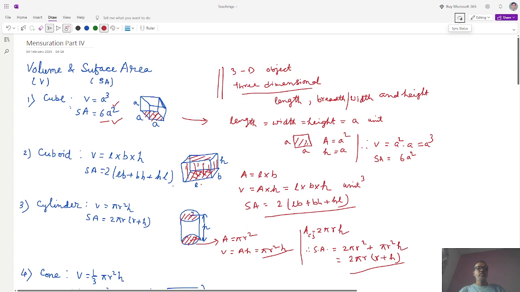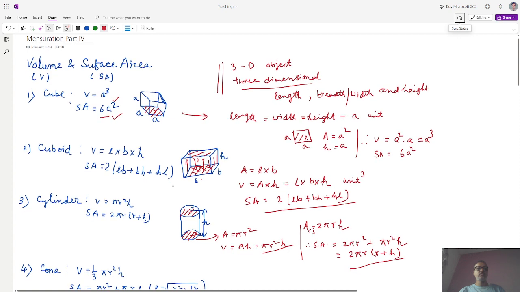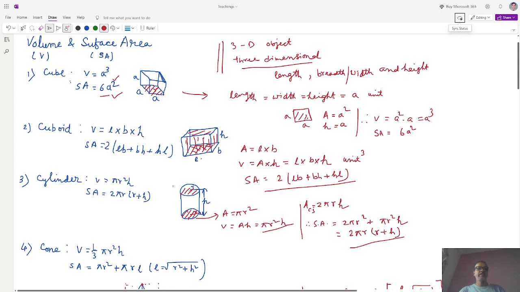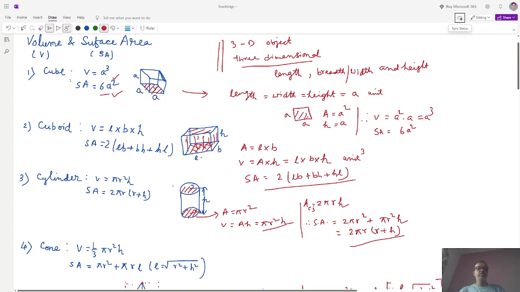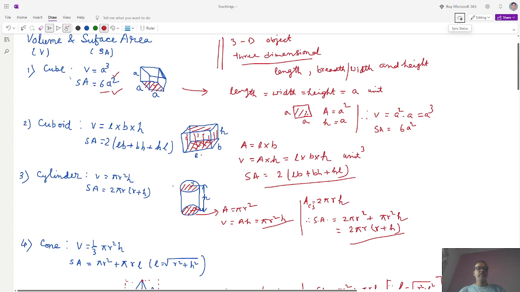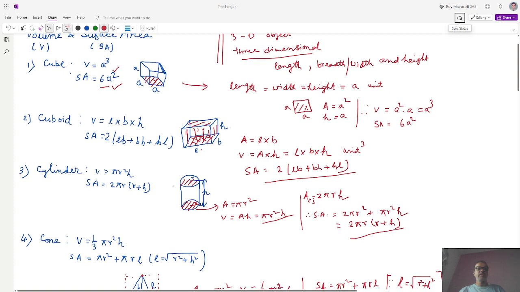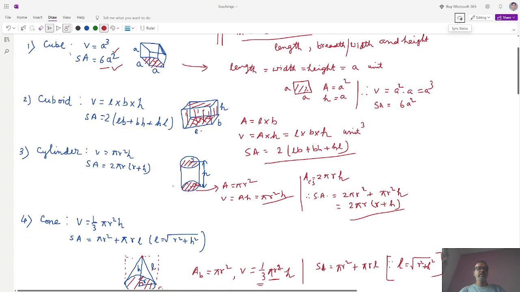The volume of cube is equal to a³, whereas the surface area of a cube equals 6a² when the side of this cube is a. Similarly, for cuboid, the volume is equal to L into B into H, and the surface area equals 2(LB + BH + HL), where L is the length, B is the breadth, and H is the height of the cuboid.